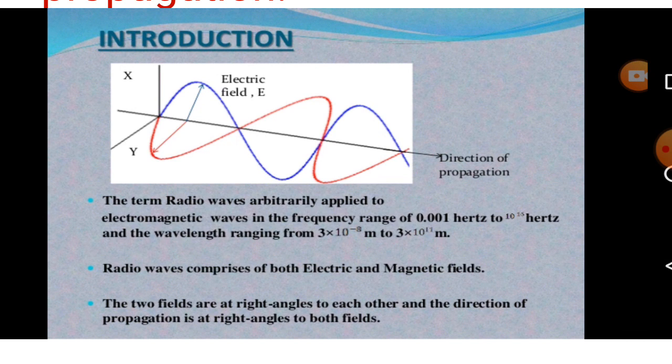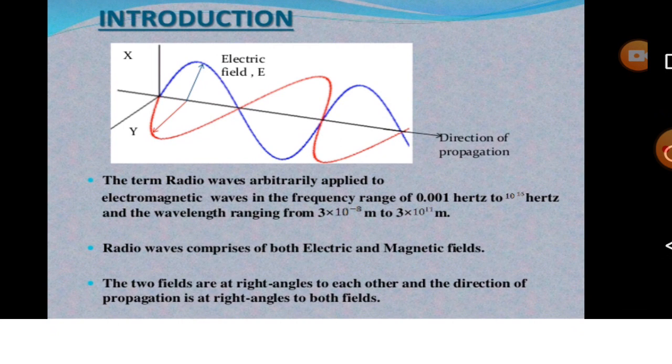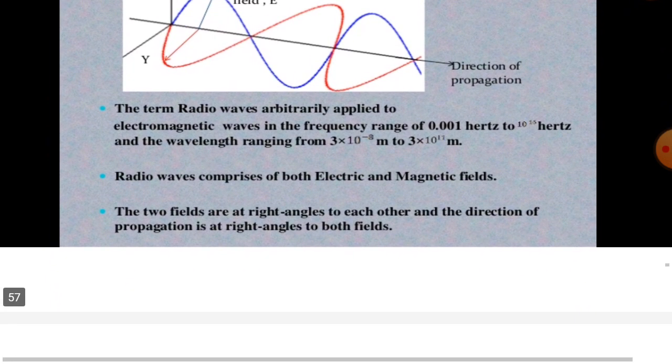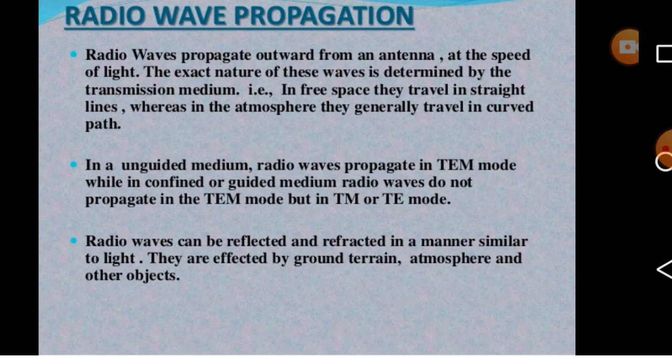Radio wave comprises both electric and magnetic fields. The two fields are at right angles to each other and the direction of propagation is at right angle to both fields. So this is some information regarding radio wave propagation.